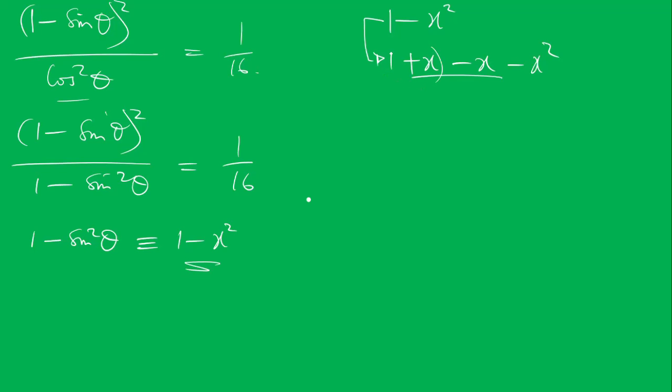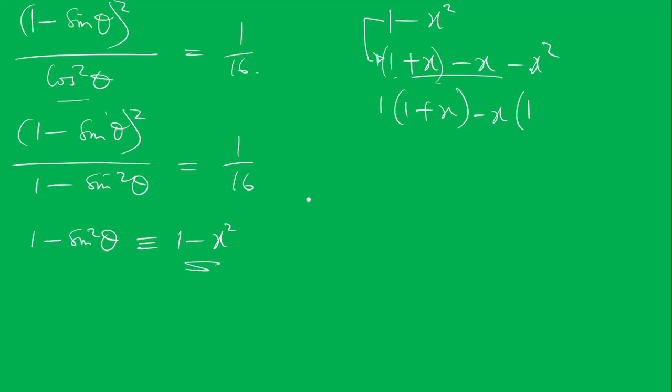Now let's factor out. What is common here is 1. So you have 1 plus x, since 1 times 1 is 1 and 1 times x is x. Now what is common here is minus x. So minus x divided by minus x, you have 1.